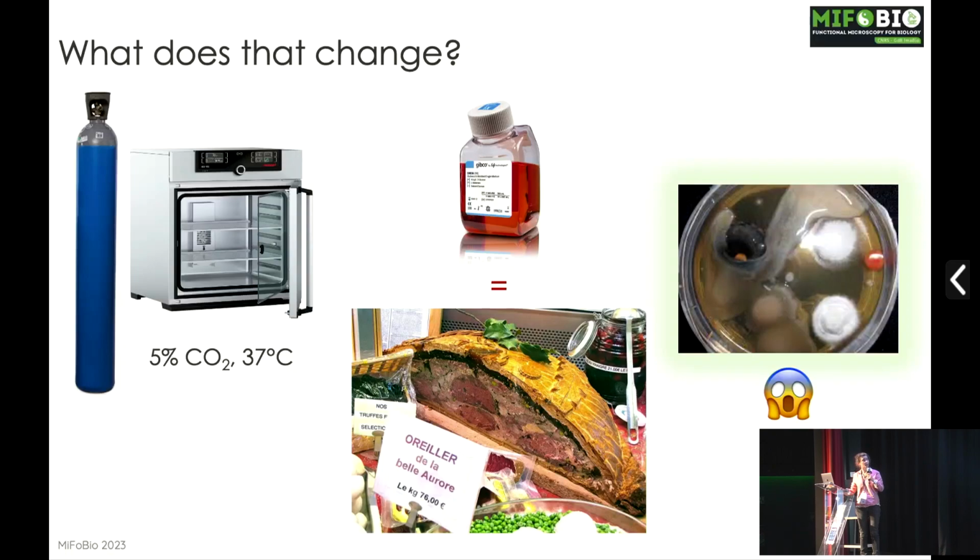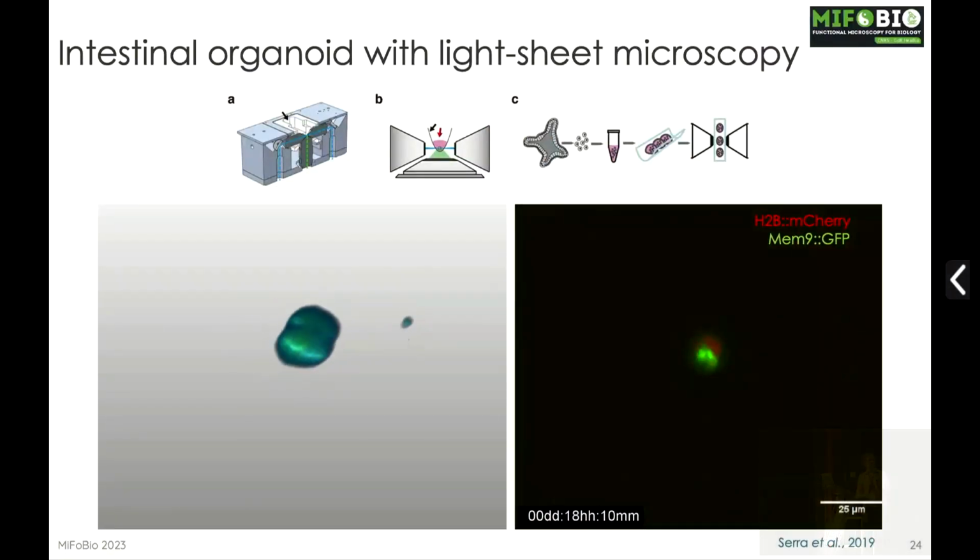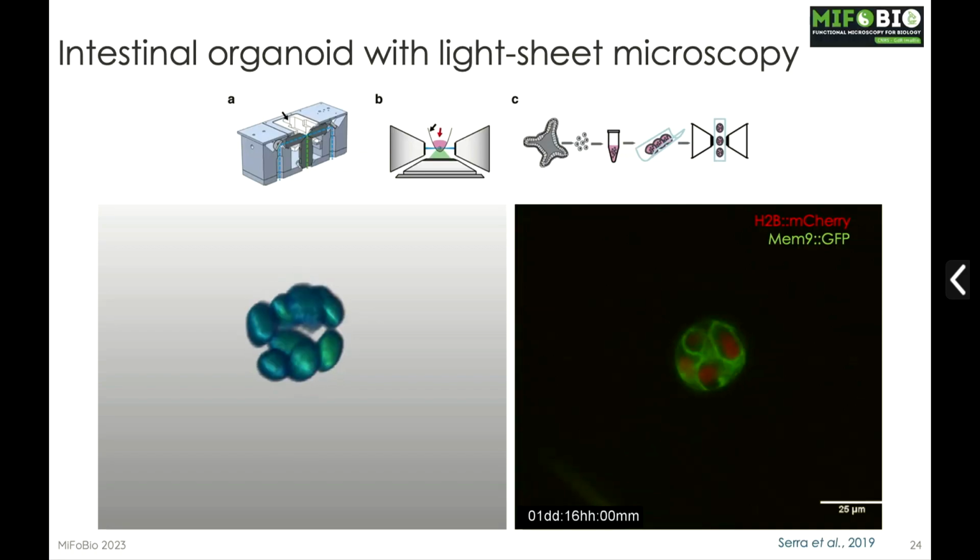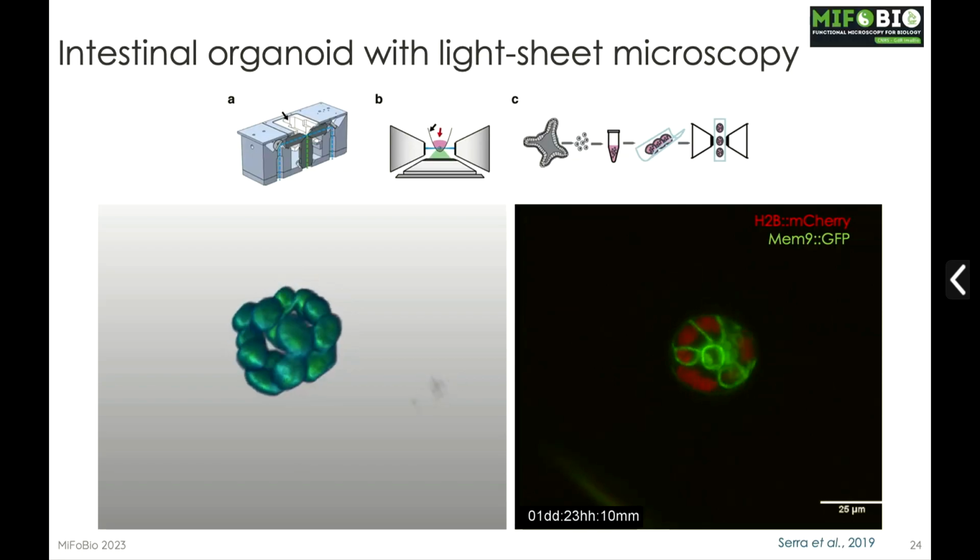But people were brave enough to try. And here is an example from the group of Prisca Liberali. She was using this custom-made, at first, light sheet microscope. So they had to invent as well how to mount them, because those bunches of cells are very sensitive to confinement.